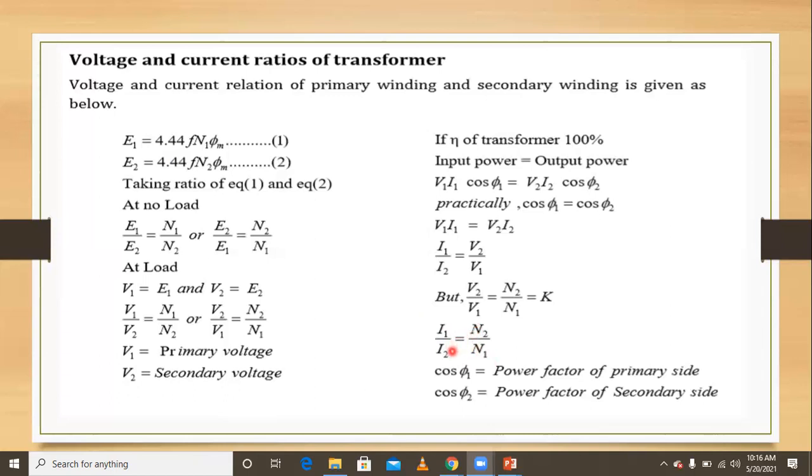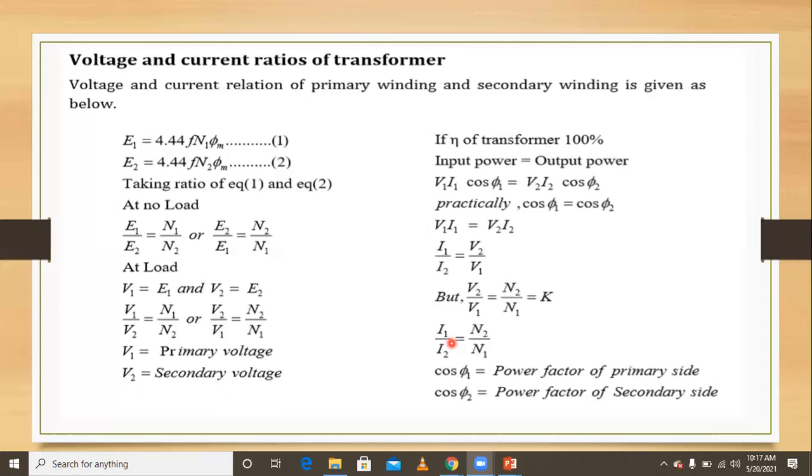That means current is inversely proportional, but voltage is proportional. When we increase the number of turns of the transformer winding, the voltage increases and the current decreases. That's why the transformer is a constant power device. Power is not increasing, which is why it is not a power amplifier, and also not a generator.